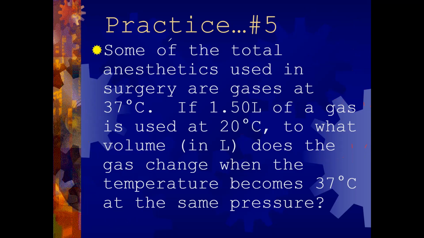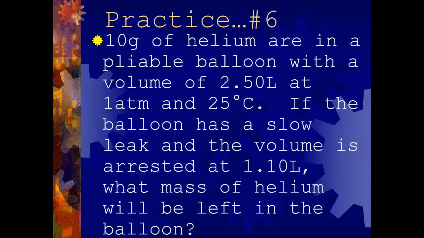The next one. All right, let's look at this one. Okay, this is 10 grams of helium in a pliable balloon with a volume of 2.5 liters at 1 atmosphere and 25 Celsius. Okay, so this is Avogadro's number.